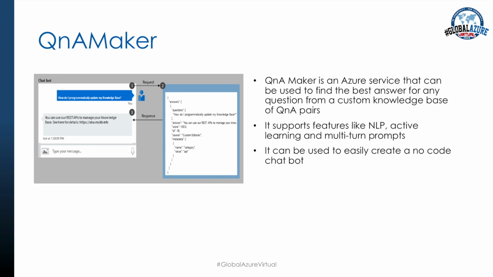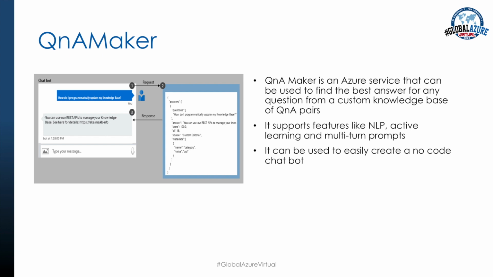And there are the multi-turn prompts as well, which is a way to create context-based engaging questions. In this, the bot responds to a question with an answer, and it in turn asks a follow-up question, so that this can be used to create multi-turn prompts. Like the user asks one question, and then the bot returns an answer, and the bot in turn asks another question to the user.